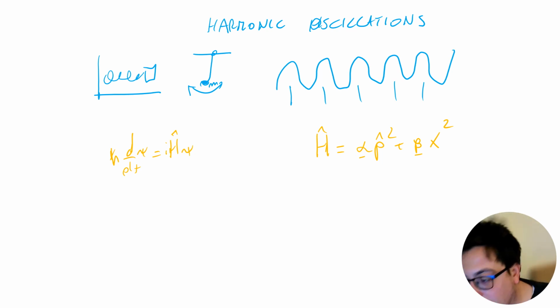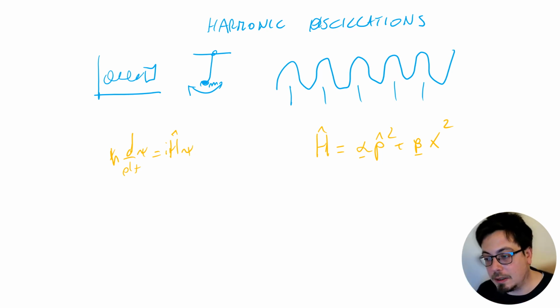If it's a spring, it could be the elastic constant, and the mass is here as well. The important thing is that it's quadratic, so there are two squares here, the momentum and the position squared, and this makes the interaction harmonic.